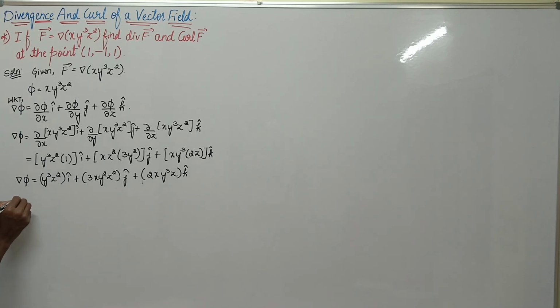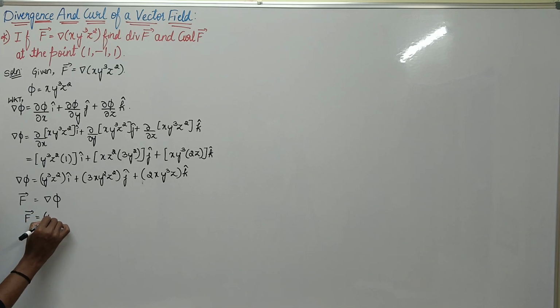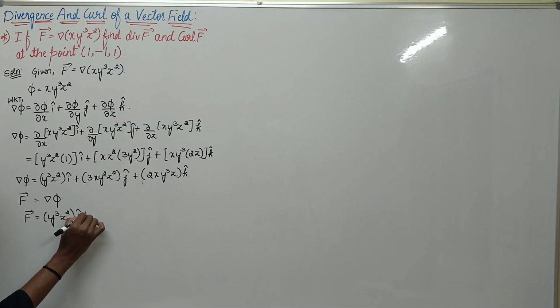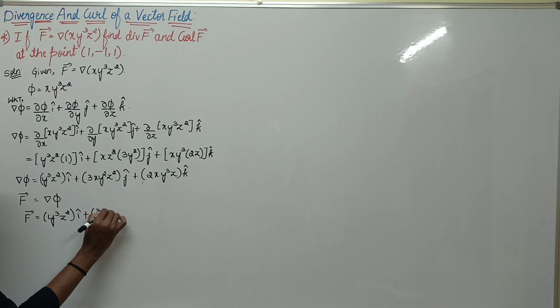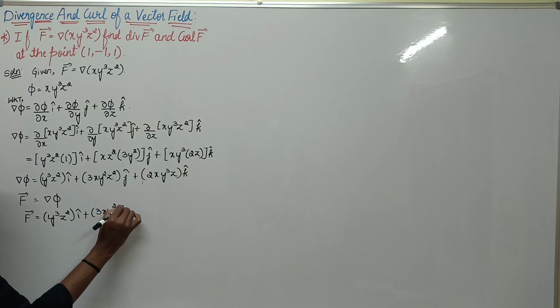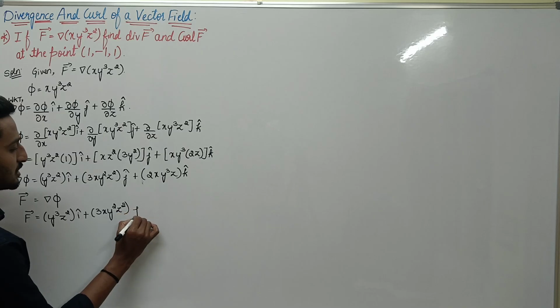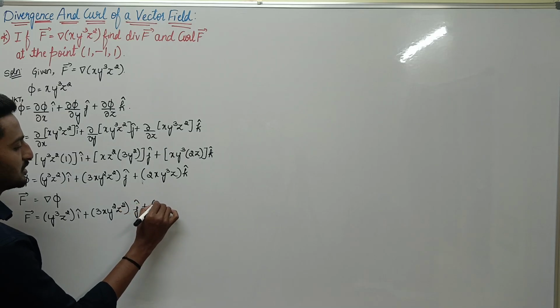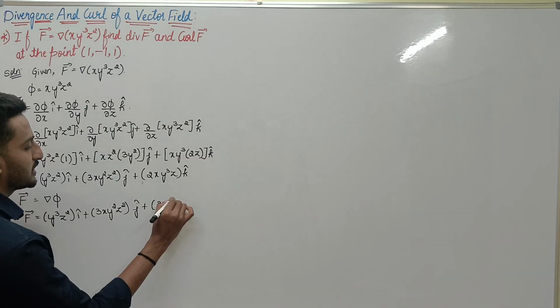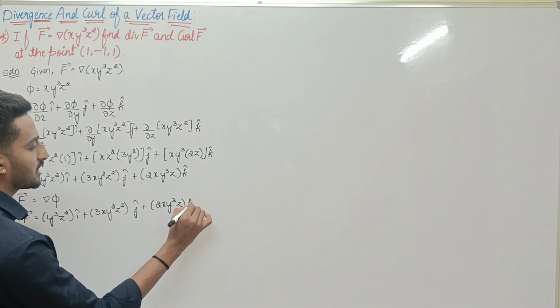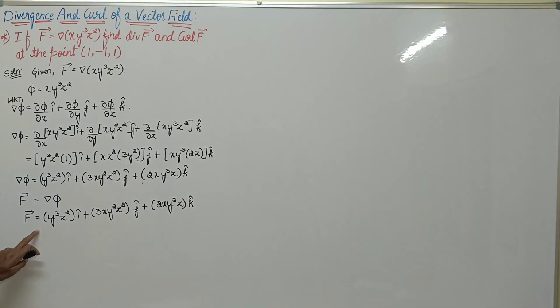Now this is our vector f, which is equal to gradient phi. Vector f is defined with respect to the directions as y cube z square i cap plus 3x y square z square j cap plus 2x y cube z k cap. This is our vector f.